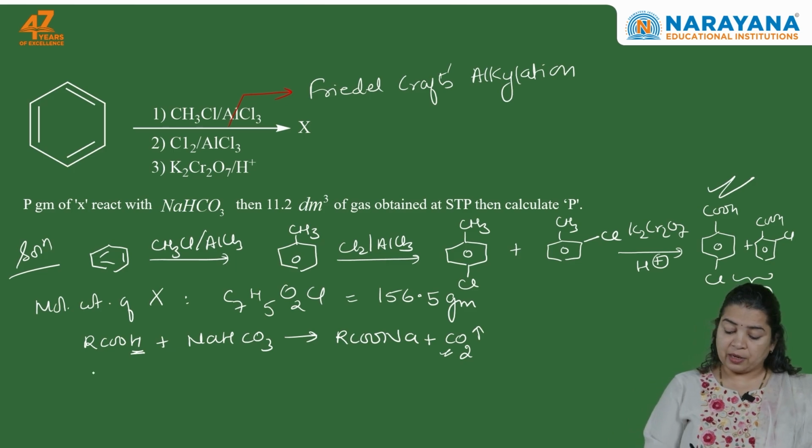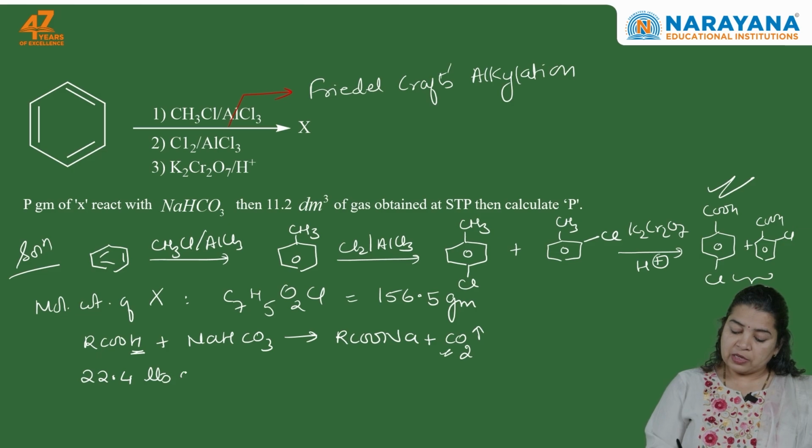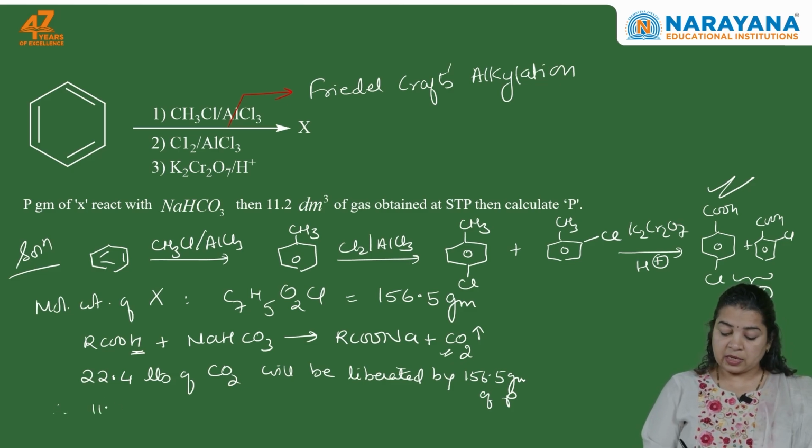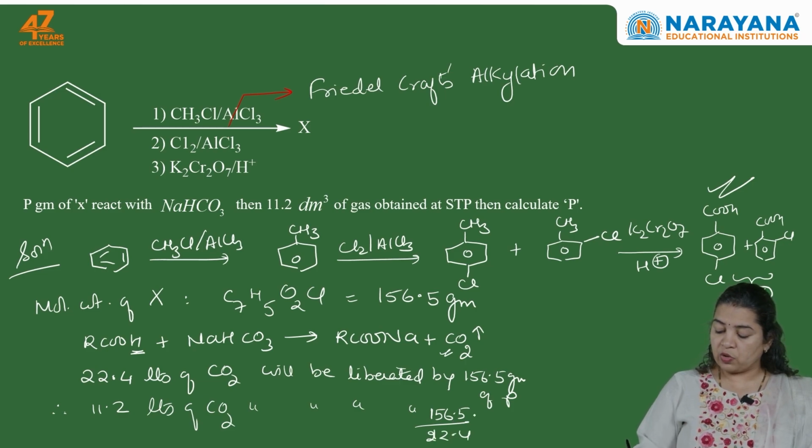Anyways, coming back here, I can see that 22.4 liters of CO2 will be liberated by 156.5 grams of P. The question is asking 11.2 liters of CO2, so it will be liberated by 156.5 upon 22.4 into 11.2 grams.